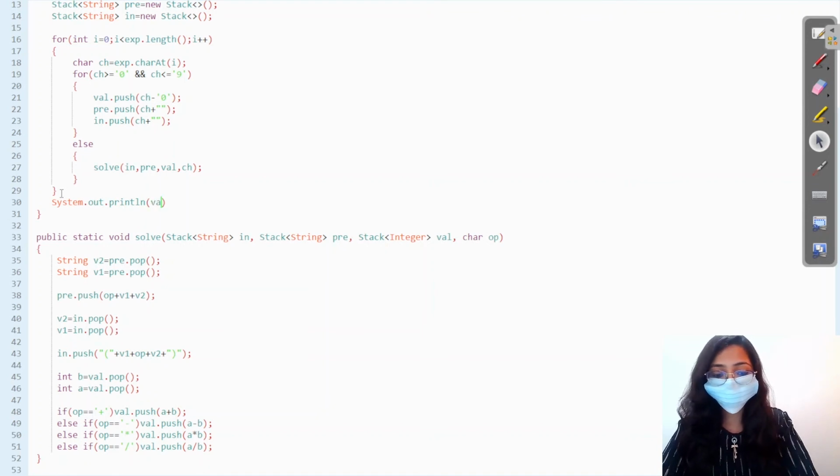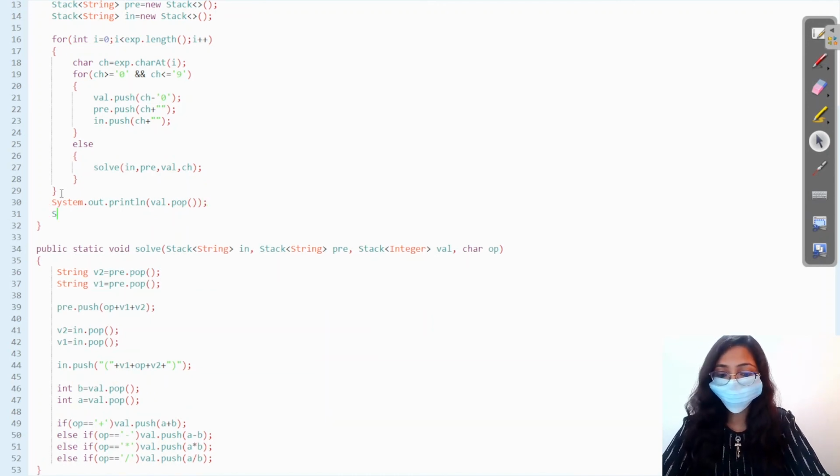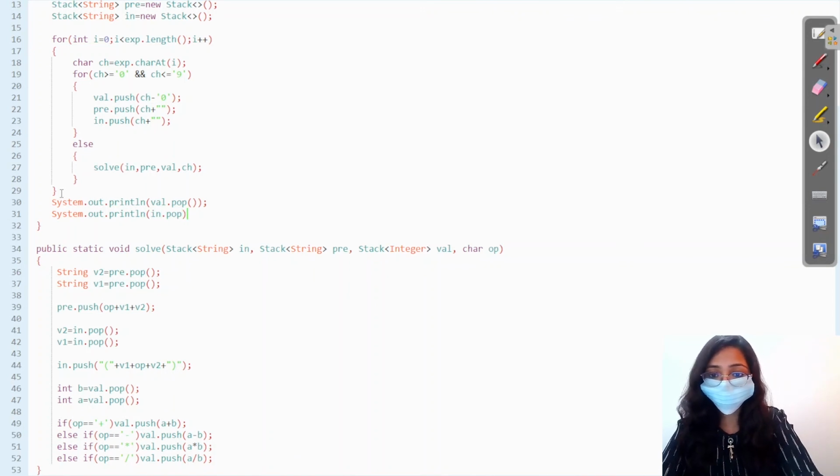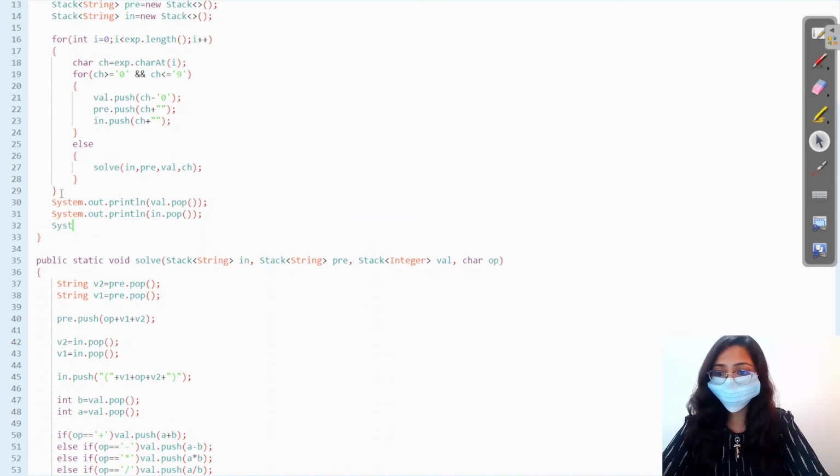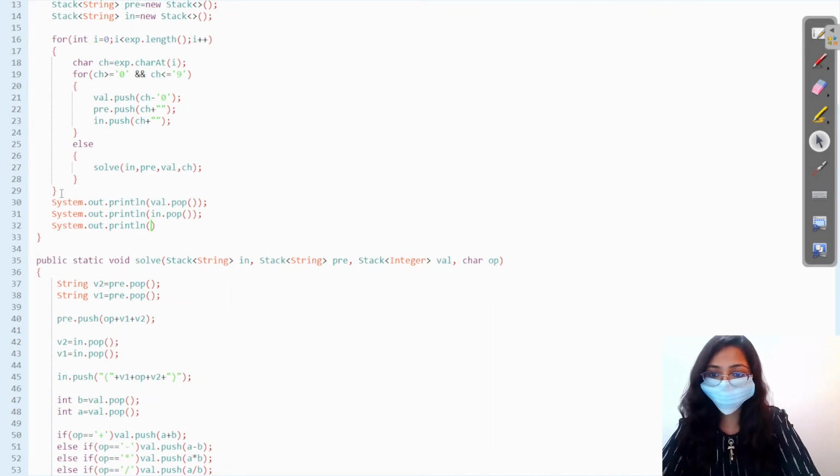First we pop from the value stack. Then we are going to pop from the infix stack. And finally, we are going to pop from the prefix stack.